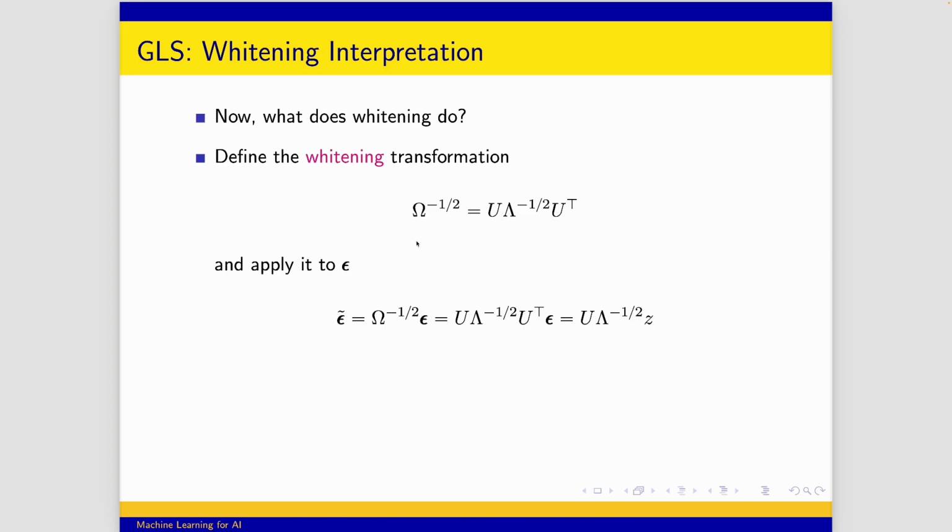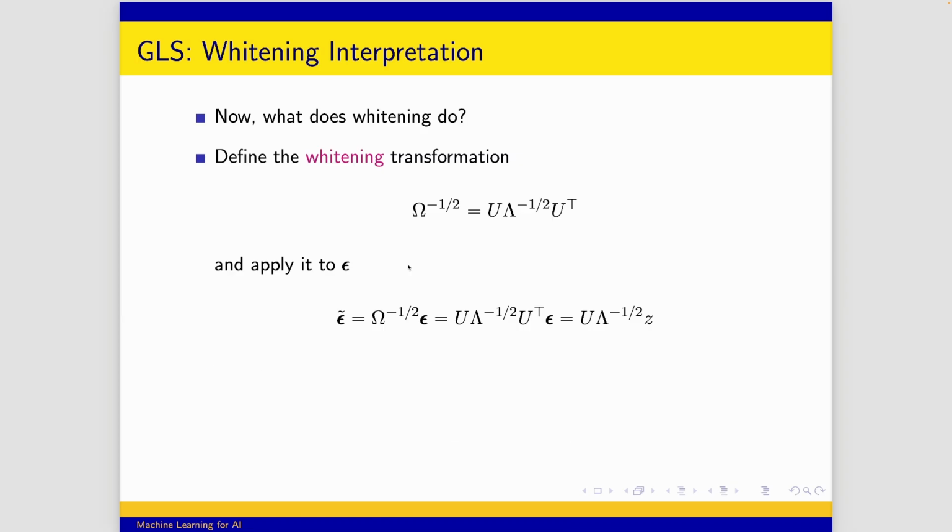And let's apply this to epsilon. What do we get? Well, we get a new transformed error, epsilon tilde, as this linear transformation here. So we've got U times lambda to the minus a half times U transpose times epsilon. But U transpose epsilon is the coefficient vector of epsilon in the eigenbasis, which I call z.